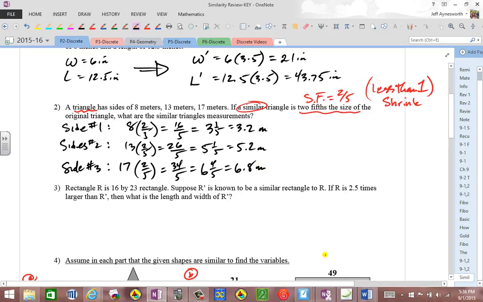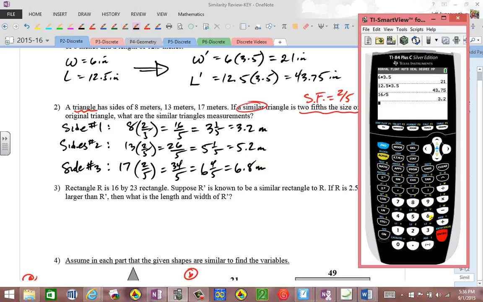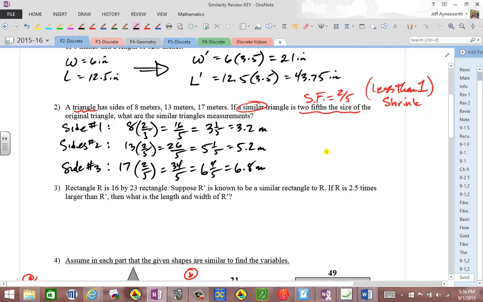You can check that, by the way. You can take 34 divided by 8, and you get, oh, not divided by 8, 34 divided by 5. Got to press the right buttons. And you get 6.8. So these are the new measurements. What are the measurements of the triangle? Well, they're 3.2, 5.2, and 6.8.